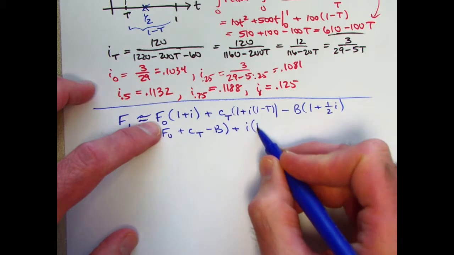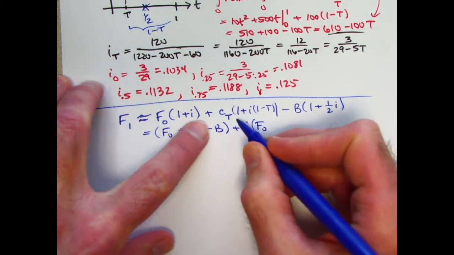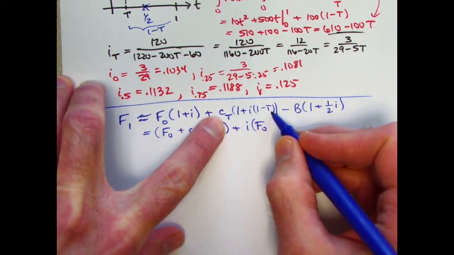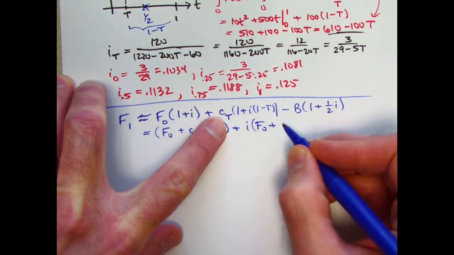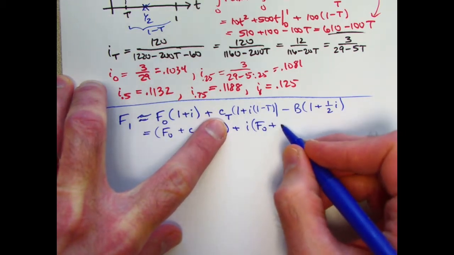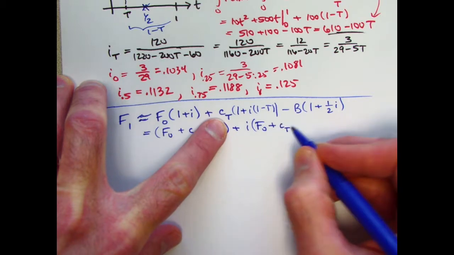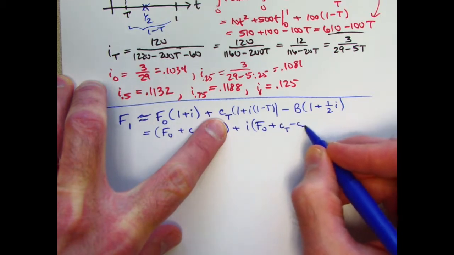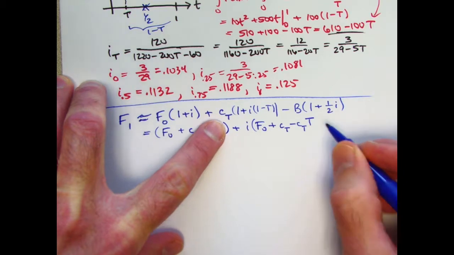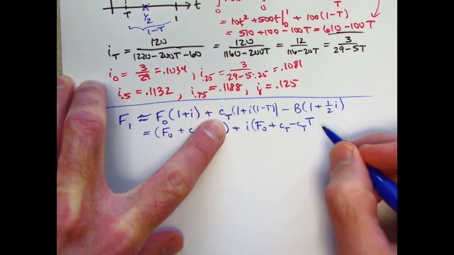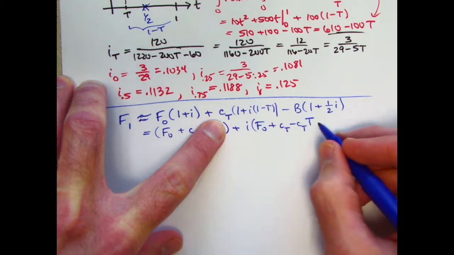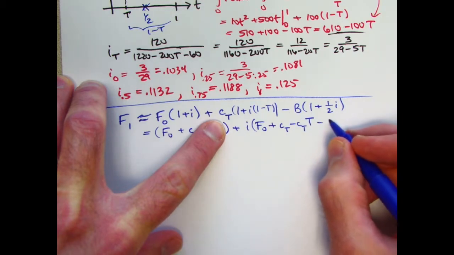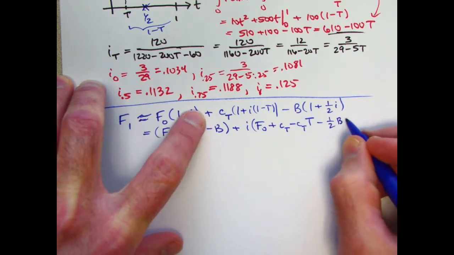I've got an F0. I've got a CT times 1 minus T. I could distribute the CT through that. If I like, I could write it as plus CT minus CT times T. Or I could factor the CT out of that and write it as CT times in parentheses 1 minus T. And then I also have a minus 1/2 B.